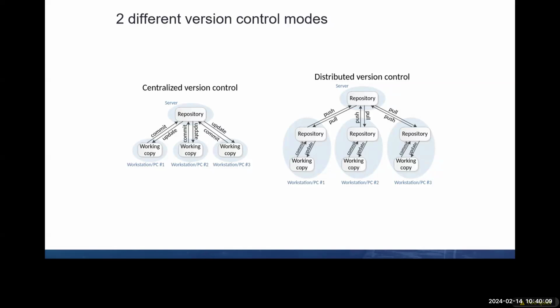The difference between these 2 is that we have another level of repository. We are adding the local repository. So every time we are working on the working copy, we commit our code to the local repository. If we are done, we can push our code to the server repository.